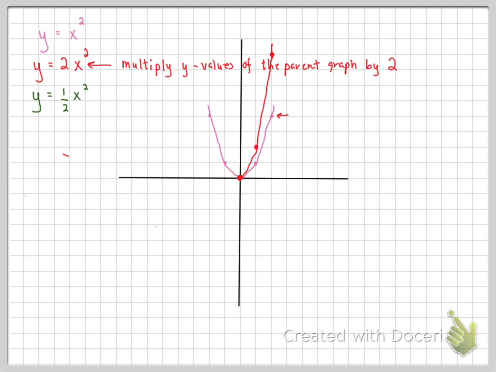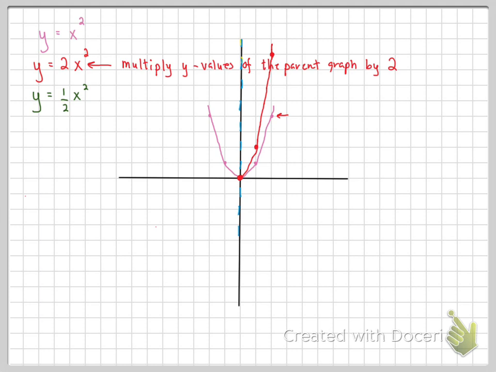The nice thing about parabolas is we have an axis of symmetry. The axis of symmetry is the line that splits the parabola in half, okay?